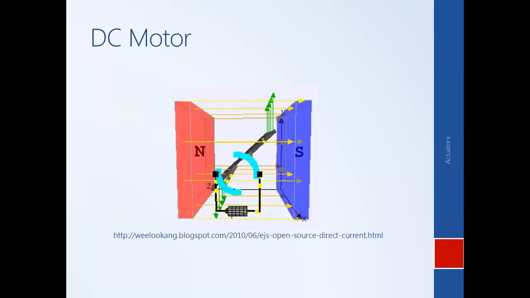Here's a little animation to try and further illustrate what we were showing in the previous slide. So as it spins, the current is flowing in one direction. The magnetic field is constant in its direction. This light blue represents the commutator.